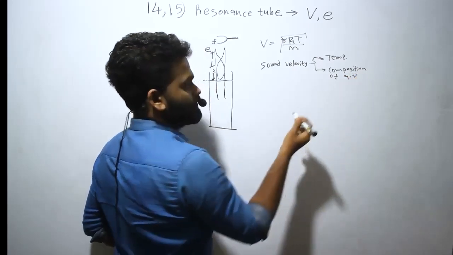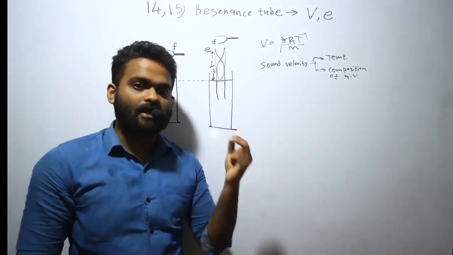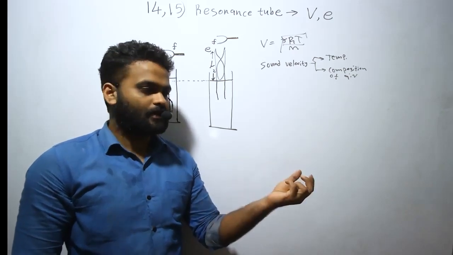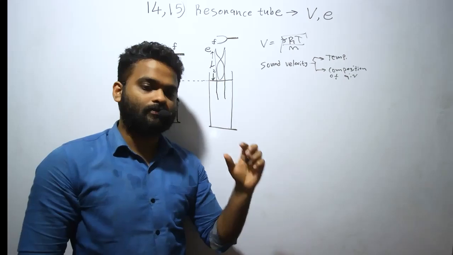Usually the composition is for dry air, nitrogen and oxygen. When there is some water vapor inside, there will be water there as well.